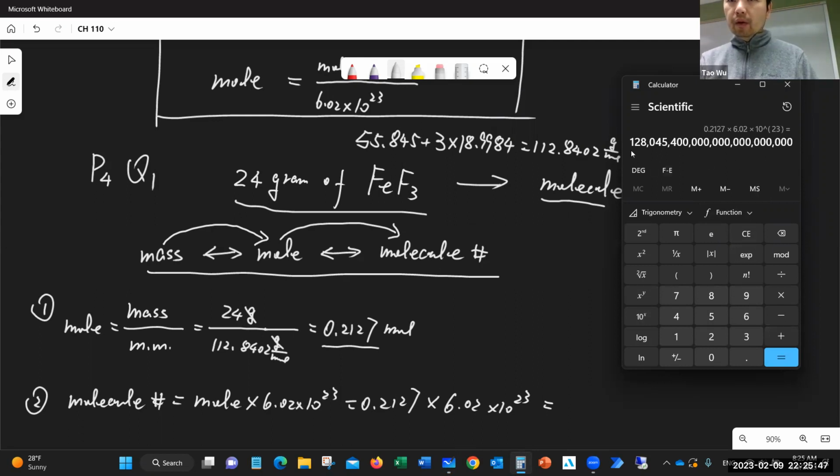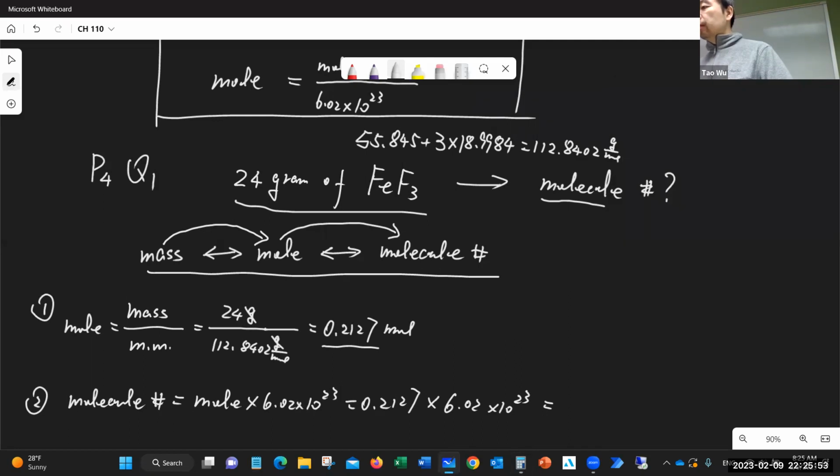So we got 1.28 times 10 to the 23rd, and this is the number of molecules. We have 24 gram has that many molecules. Yeah, that makes sense. But the point is, I think the key has a little bit different.